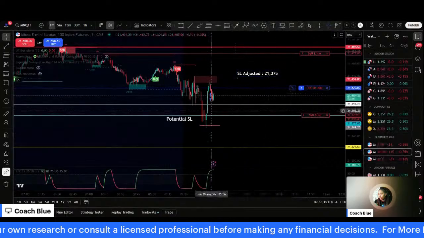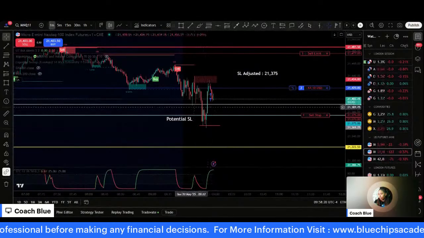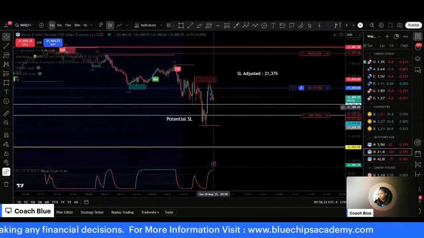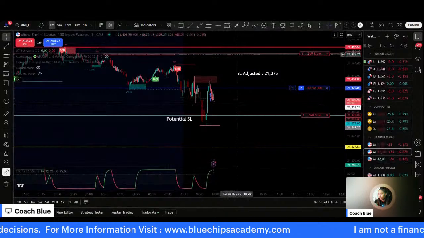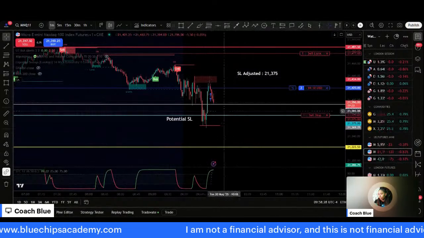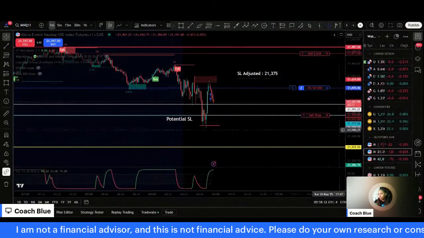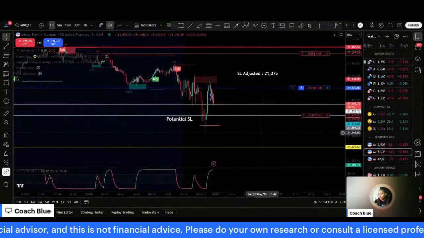That's where I place my stop loss, just to give it a little bit more breathing room. I don't want it to come down here, use this as support, and then we get tapped out, and then it moves to the upside. Now, if it breaks through that, then we're probably heading into a different direction. But for right now, that's where my stop loss is, 21,375.